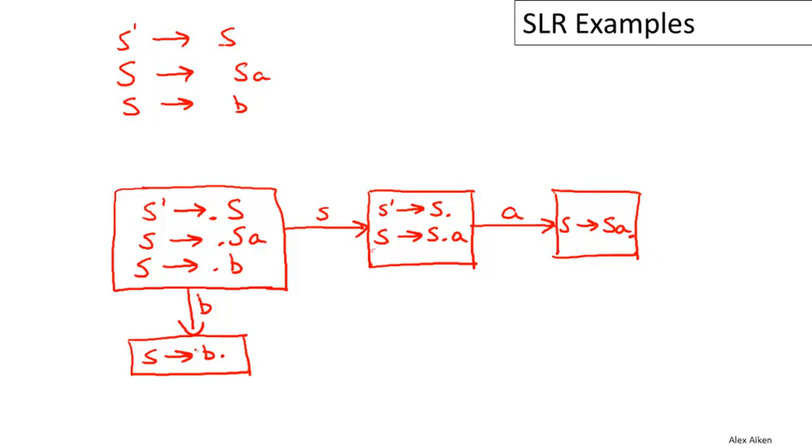These two states, this one down here and this one over here, only have a single item. And so there's no possibility of a shift-reduce conflict in those states. There's only one thing to do. The only possibility here in both of these states is to reduce. This state, the initial start state, has no reduce moves.